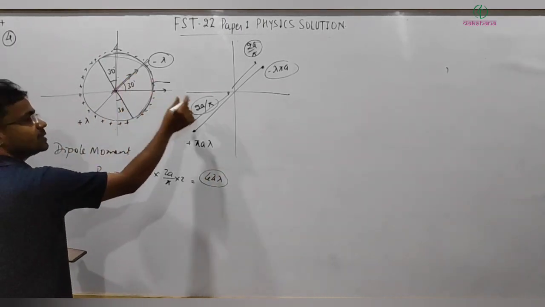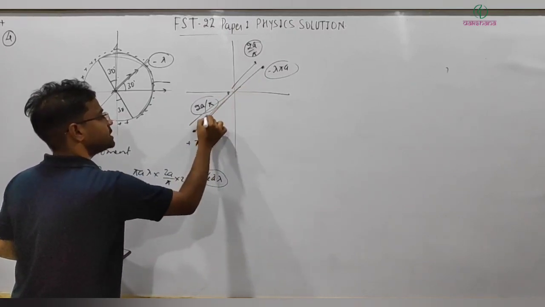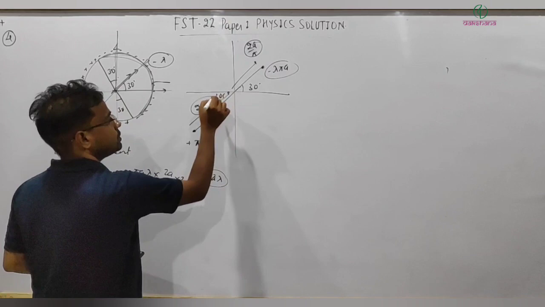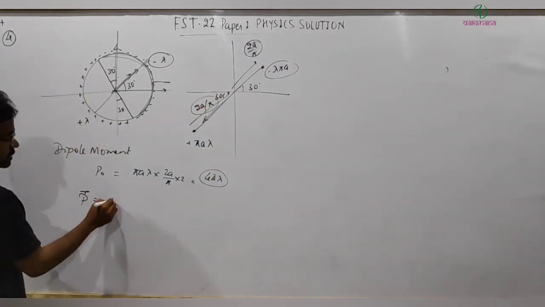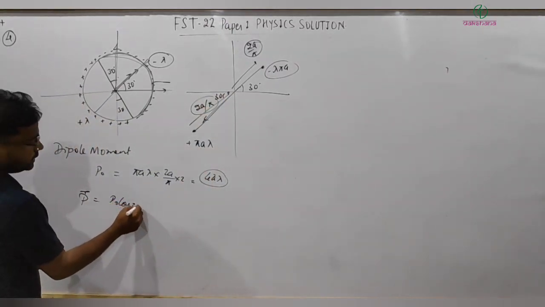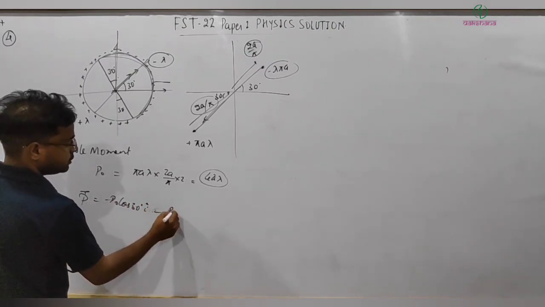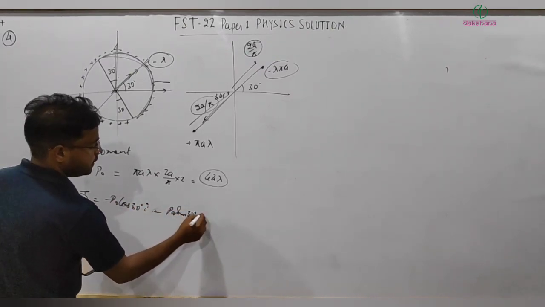Now, because the direction is from negative to positive, it will be this way, and this will also be 30 degrees. So we will have the net dipole, which I can write as P₀ cos 30° (−i cap) and P₀ sin 30° (j cap).